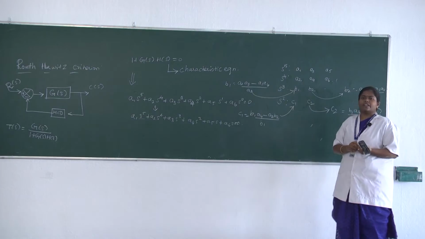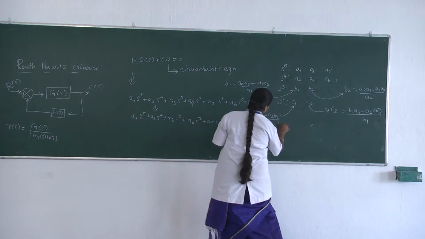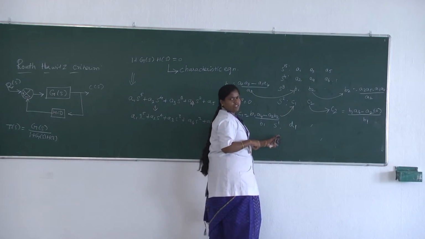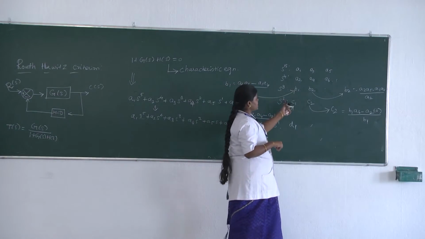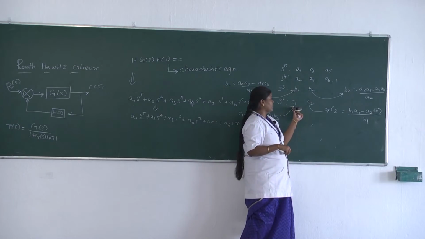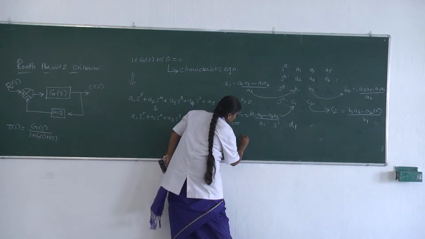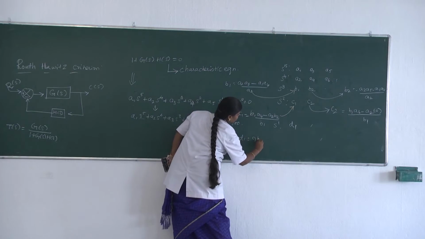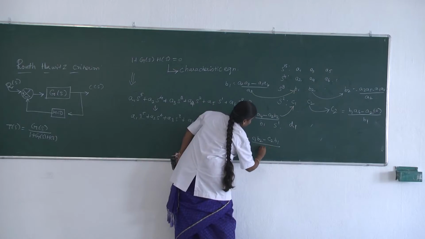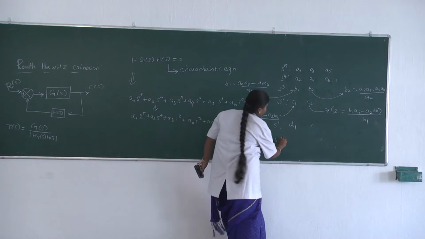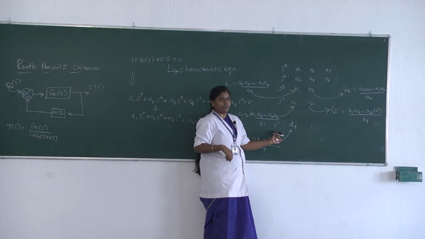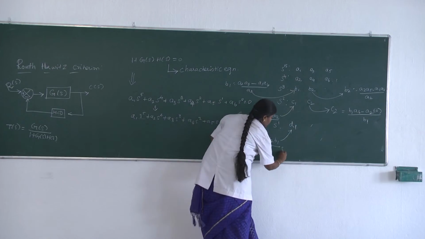Let me consider the next row, s power 1. Let me consider the element for this row as d1. So the element d1 is given as c1 into b2 minus b1 into c2, divided by c1. This is the element for this row, and again this has to be reduced to s power 0.